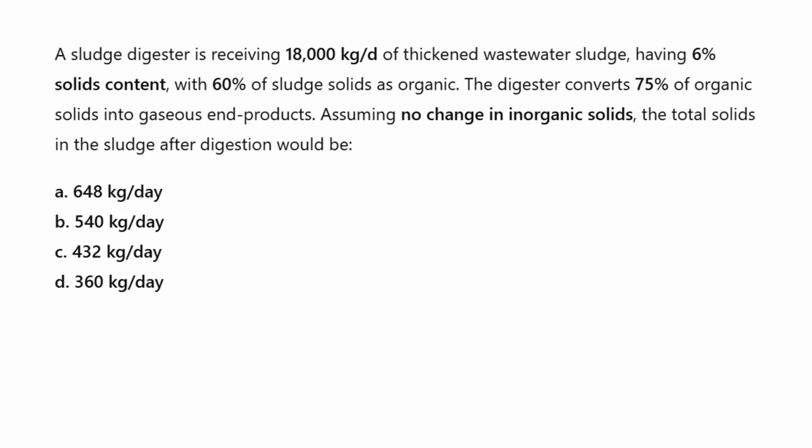Assuming no change in inorganic solids, the total solids in the sludge after the digestion would be. Okay, so now we have to find total solids in the sludge after digestion.